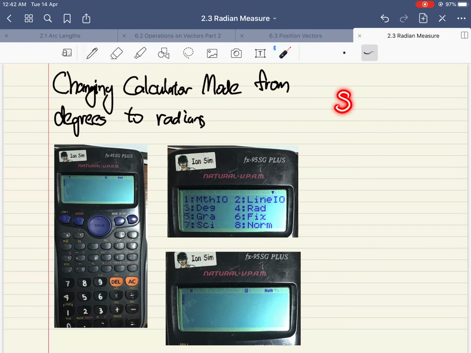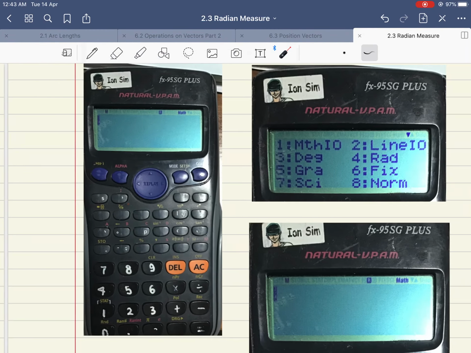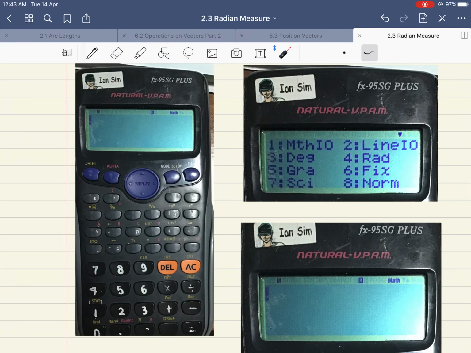Now, whenever we do calculations in radians and we are dealing with sine, cosine, and tangent, what I need to do is to change my calculator mode from degrees to radians. How we do that is we need to change the mode. We just press shift and then we press set up.